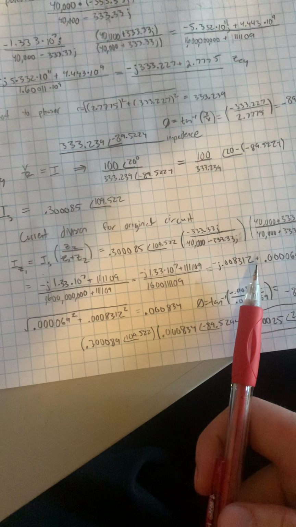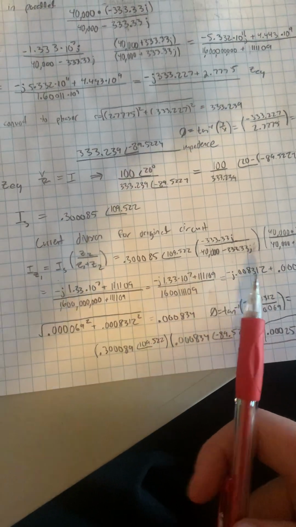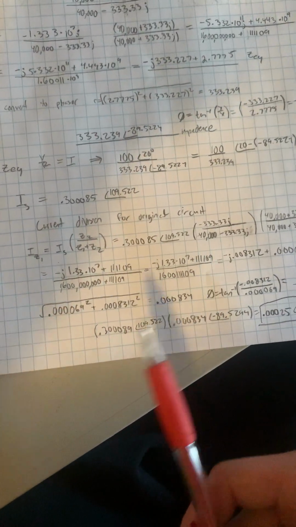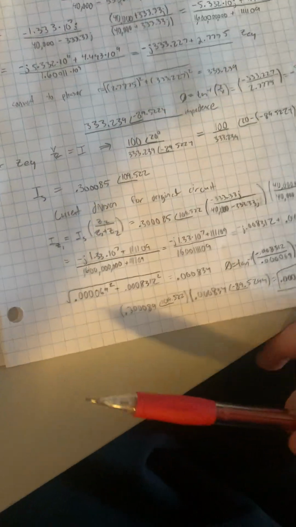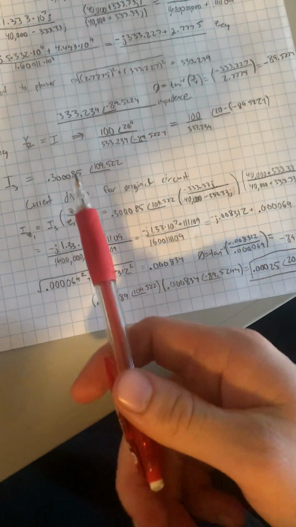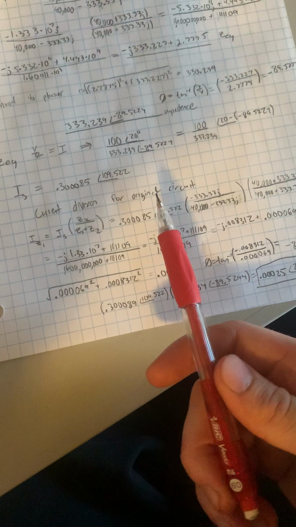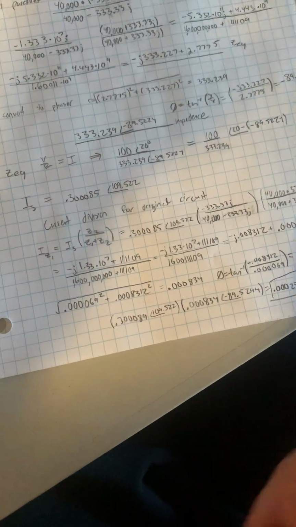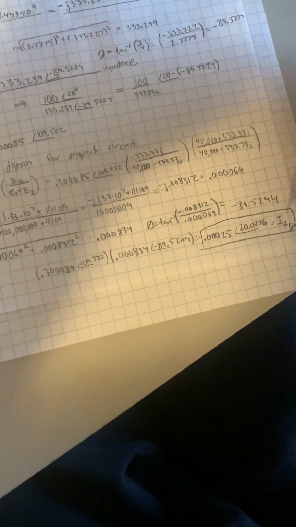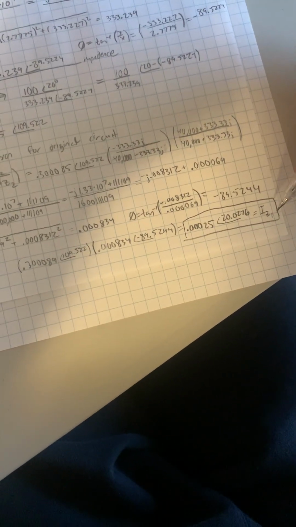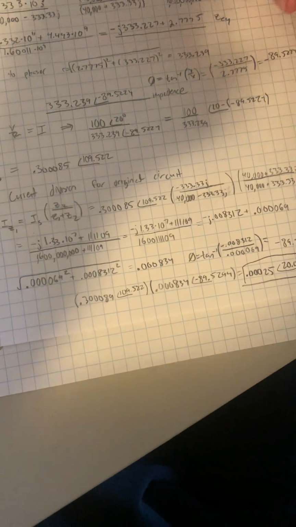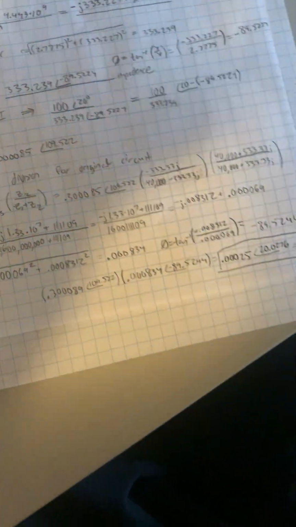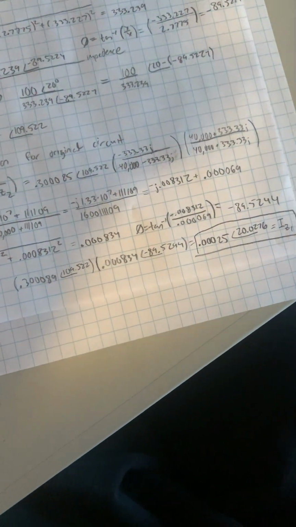I convert that to phasor, so squares and square roots, and then the inverse tangent, and then I multiply the source current by this. So then I get the current going through the 40 kilo ohm resistor to be 0.0025 with phase angle of 20.0276.